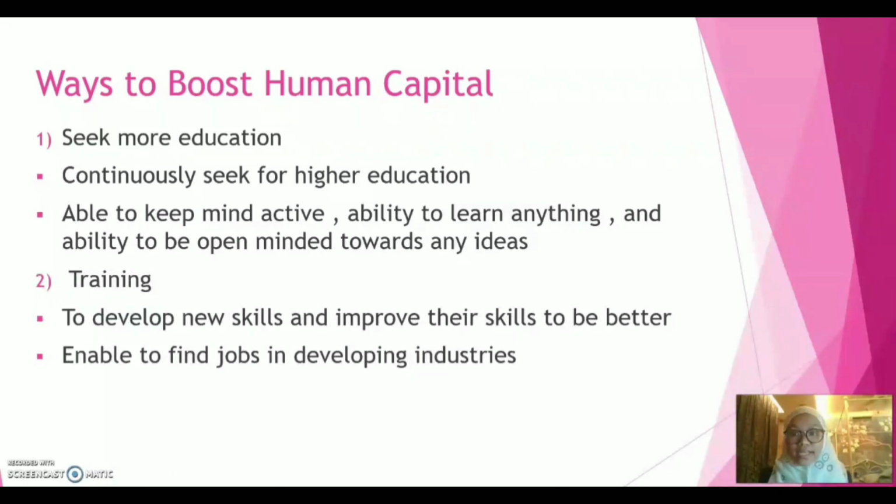Second is training. Training to develop new skills and improve their skills to be better, enabling them to find jobs in developing industries. The main aim of the training is to give new skills which enable them to find jobs in developing industries.